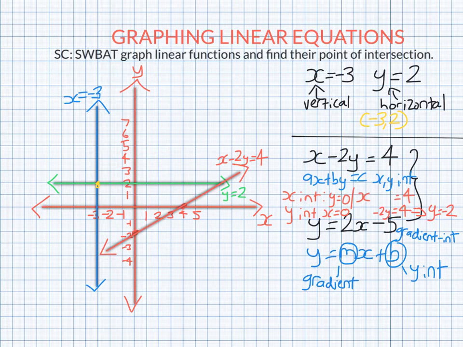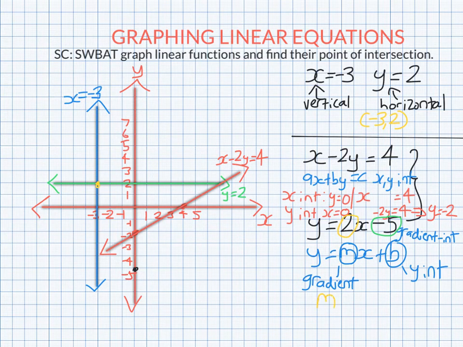So to use the gradient intercept method, we first identify the y-intercept, and it is minus 5. So I'm just going to go down here to minus 5 and plot the y-intercept. So then what I do is I use the gradient to find a second point. So the gradient of this is the number in front of x, it's 2.